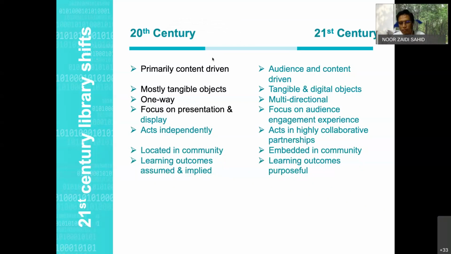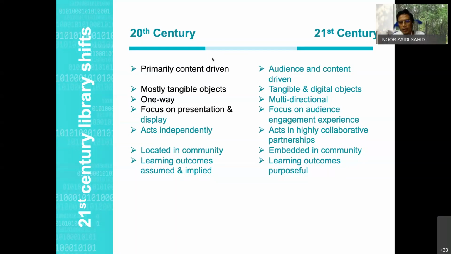A customer driven or user driven bermaksud pengguna dia boleh mencadangkan bagaimanakah agaknya perkhidmatan yang patut diadakan, dijalankan. Bagaimana digital content yang perlu dibina, apa warnanya, apa maklumatnya, apa saiznya dan sebagainya.